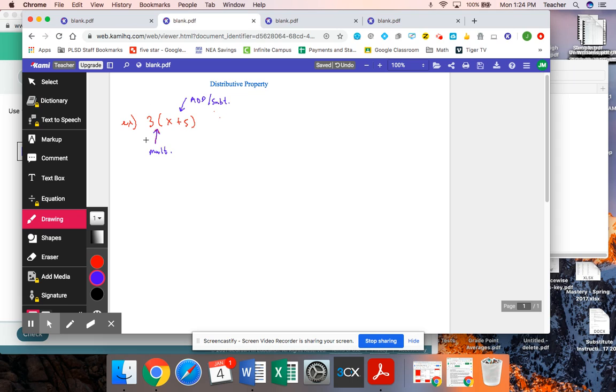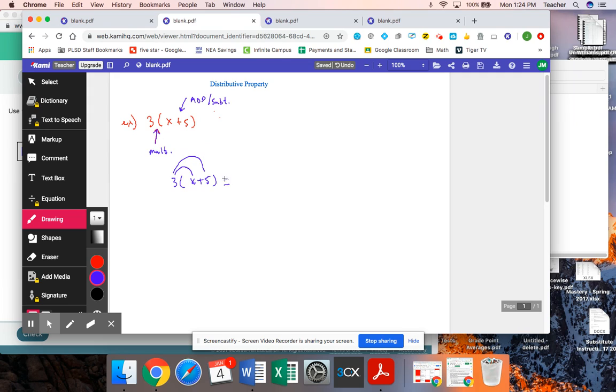So notice that when both of these things are present, I can, in fact I should, do the distributive property. All I really need to do in order to distribute is take this 3 and multiply it, because it's multiplication, by this thing, and, because it's addition, multiply it by that thing.